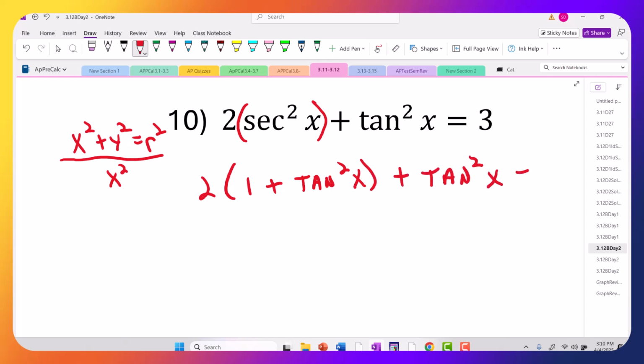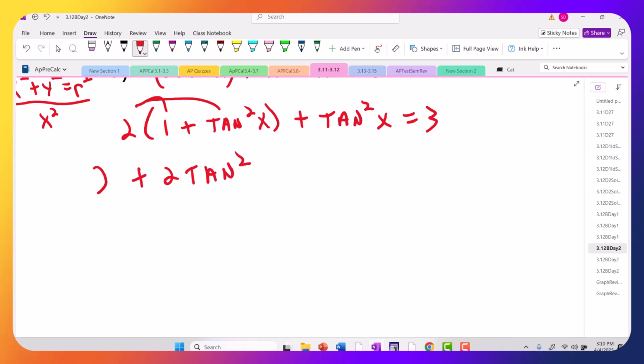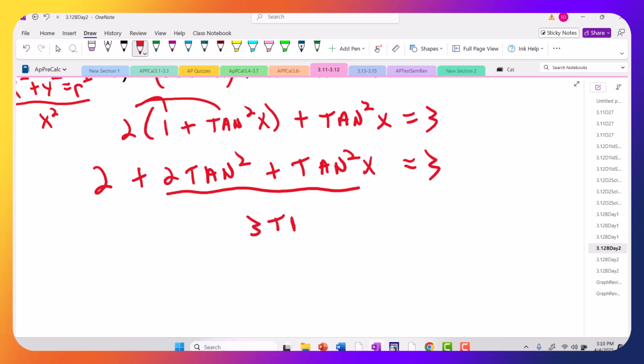That's an old one. It's a Pythag. All right, distribute the 2, and then let's see what happens here. 2 tan squared. I should just write 2 in front, 2 tan squared plus tan squared equals 3. This is 3 tan squared.